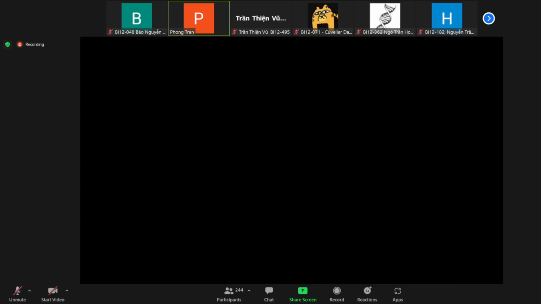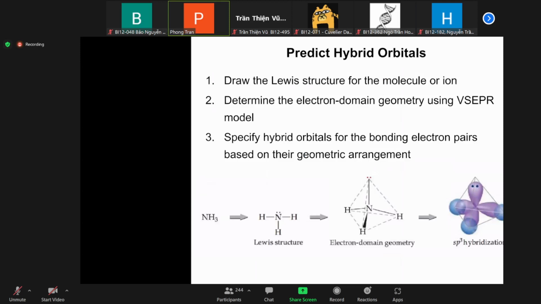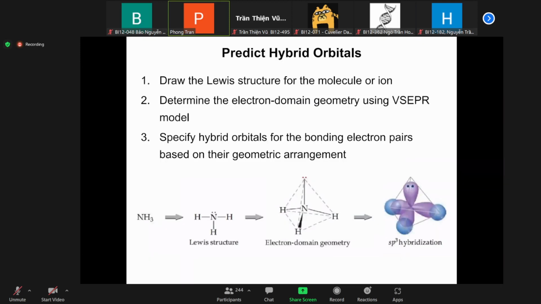Now, how can we predict the hybrid orbital? First, you need to draw the Lewis structure of the molecule or the ion under consideration. You determine the electron domain geometry using the valence shell electron pair repulsion model. And then you specify the hybrid orbital for the bonding electron pair based on their geometrical arrangement. So for example, take the case of NH3.